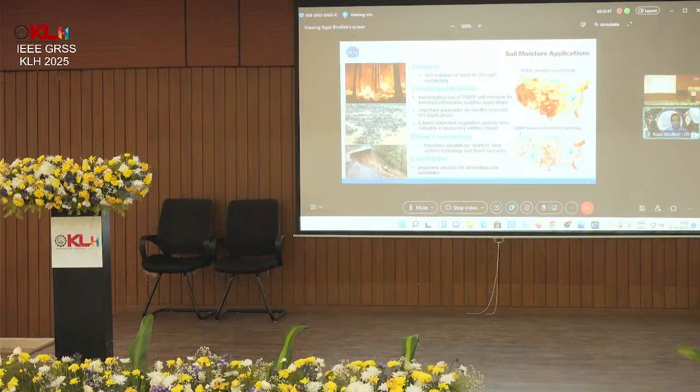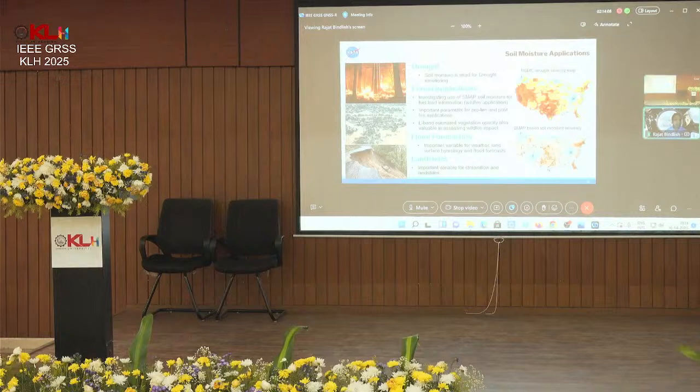Besides drought, obviously it has forest applications, as you can imagine. Moisture is one of the key indicators for fuel loading, and it has wildfire applications. It's an important parameter for determining pre-fire as well as post-fire conditions.